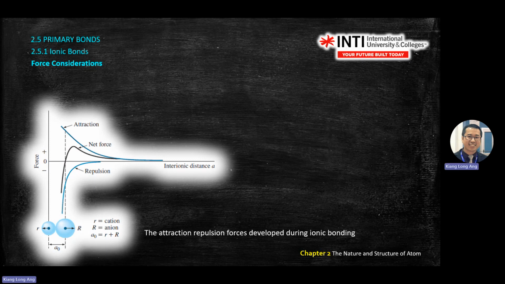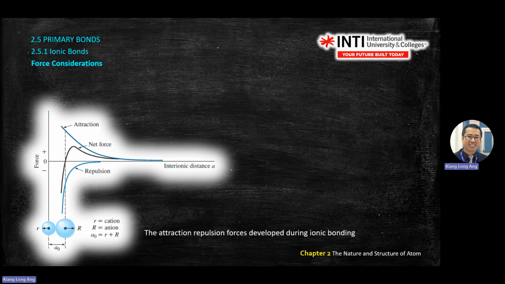Nucleus to nucleus, you have the initial length, or diameter, a0. Small r is the cation, positive. Big R is for the anion, negative charge. So a0 is small r plus big R. This is the first equation before you derive further. This one you should know.